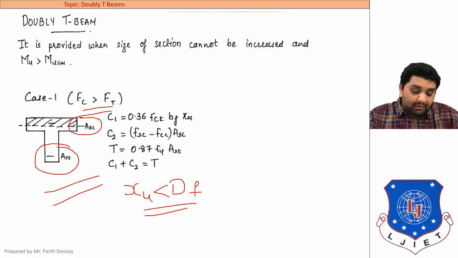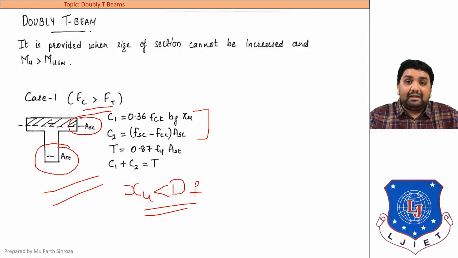So moving further, as there are two materials used in the compression zone, one being concrete and the other being steel, there will be two forces acting in it. The first will be C1, due to the presence of concrete in the compression zone, and the second will be due to the presence of steel in the compression zone. The second portion will always be similar to what we have seen in the W section.